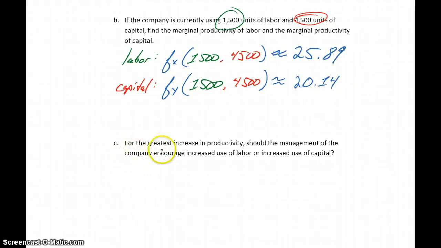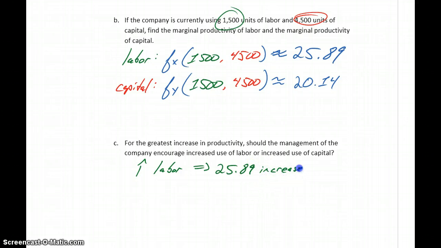Now in part C, we're asked to basically provide an interpretation for what those mean, and from a business standpoint, what decision do we want to make now that we know this information? So what we're saying is if we increase our labor, then that is going to mean a 25.89 unit increase in productivity.